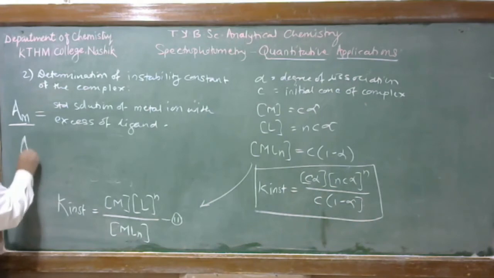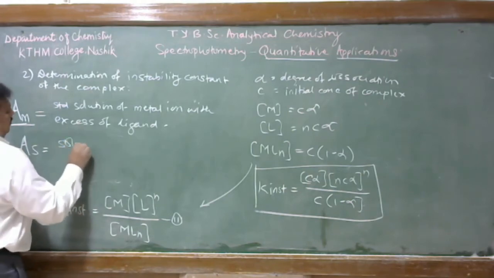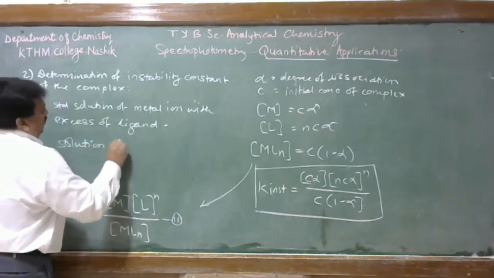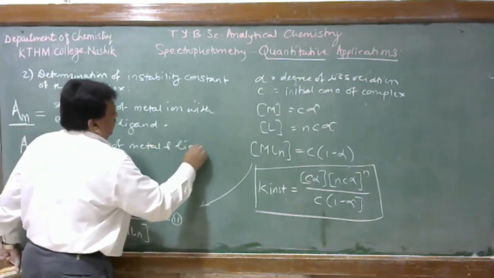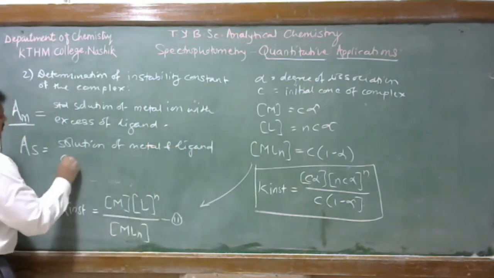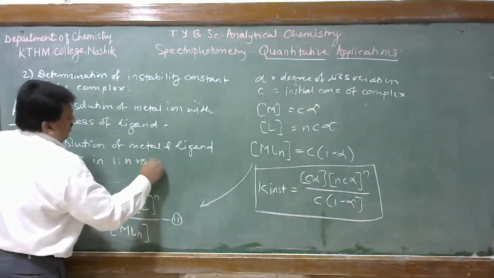Similarly, we take a solution of metal ion and ligand in 1:n ratio, where S is the stoichiometric solution.